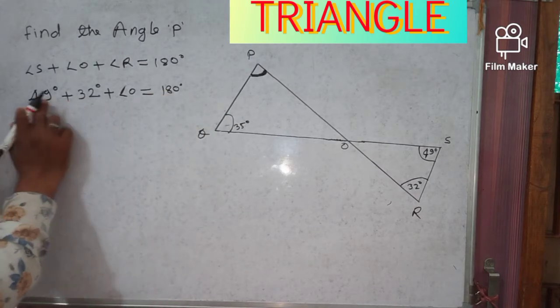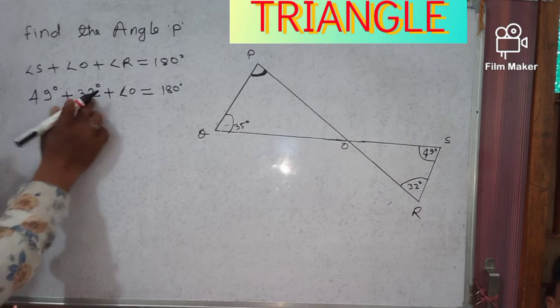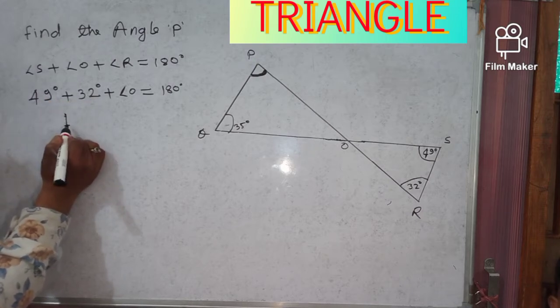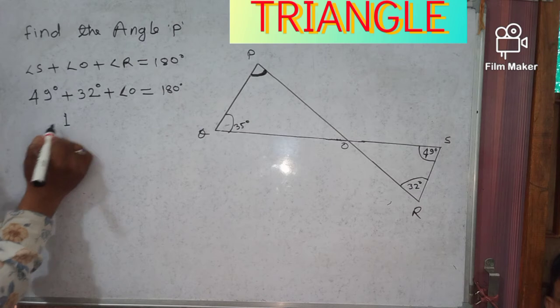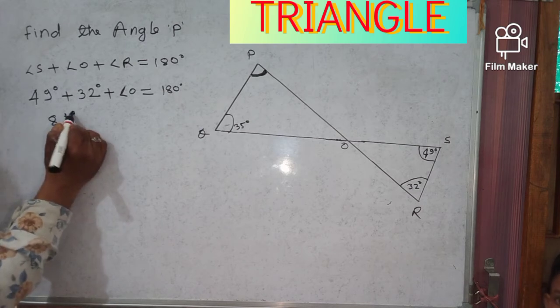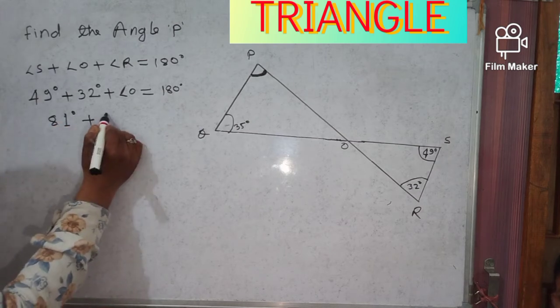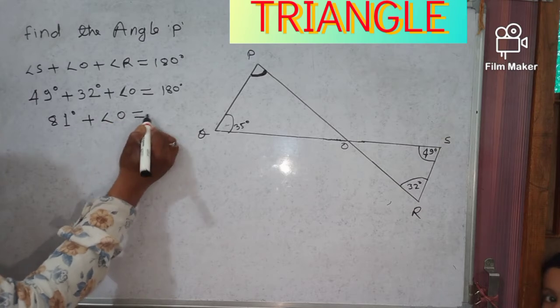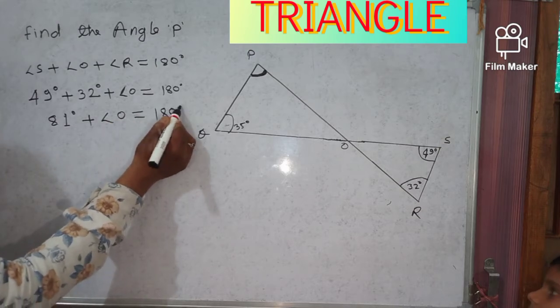So 9 plus 2 is 11, and 4, 3 and 1 is equal to 81 degree plus angle O is equal to 180 degree.